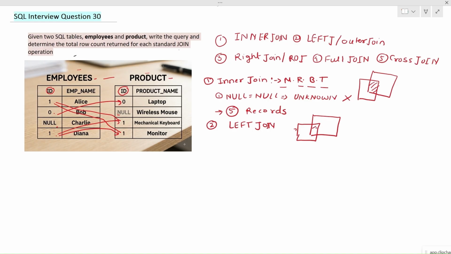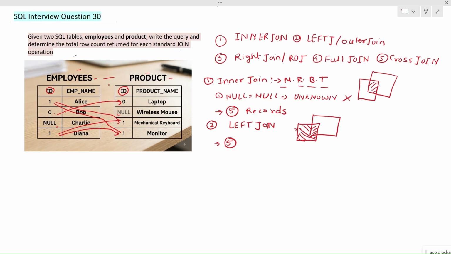So matching rows from both tables and unmatched rows from the left-hand side table. Now in an inner join, we received the matching rows. How many matching rows did we find? These five rows, which we joined on the basis of the id condition, like 1, 2, 3, 4, and 5.